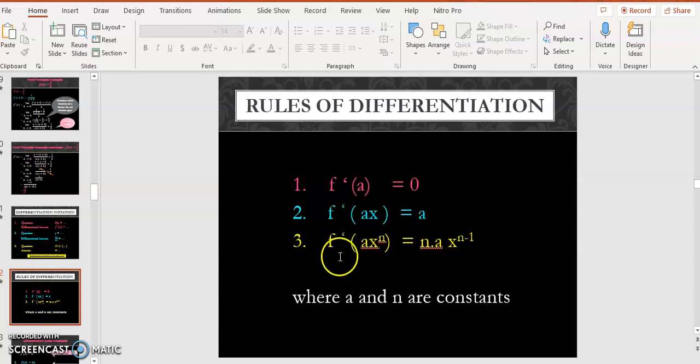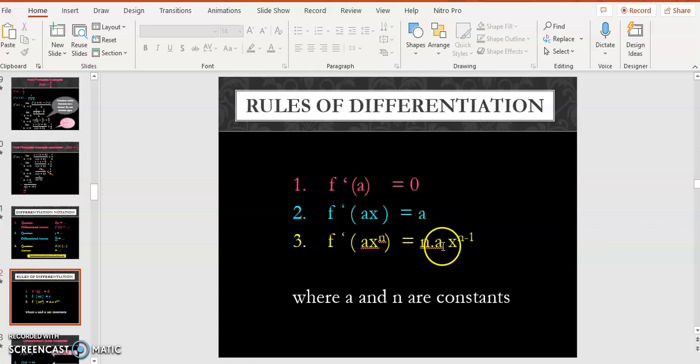Then this is the general formula. After differentiating from the first principle, your final answer in a short way is this one. What does it mean? F prime of ax to the exponent n is equal to the n will come and multiply the coefficient of x.